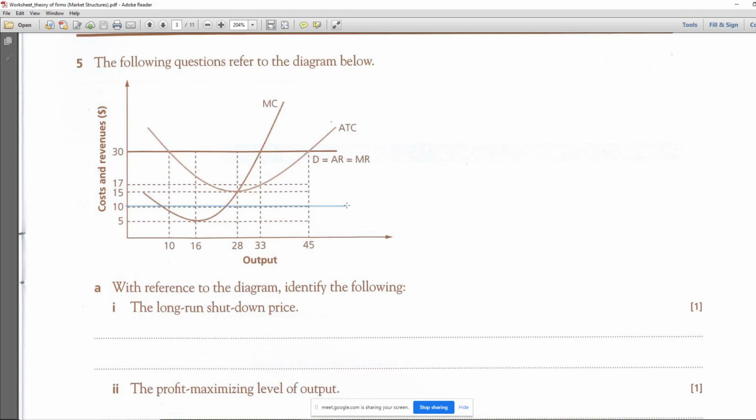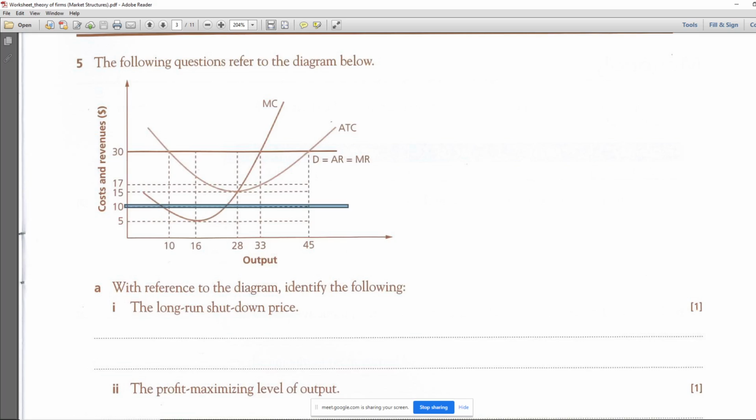So in the long run, what will happen? More firms will leave the market, right?